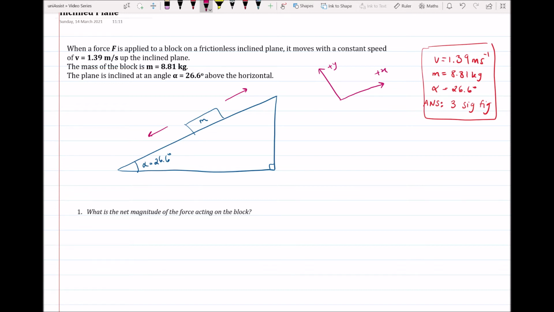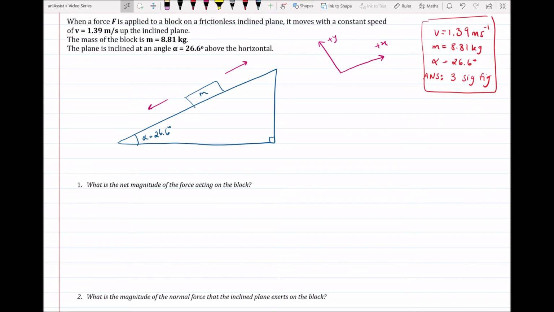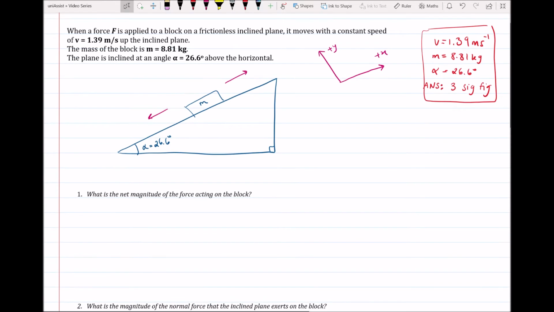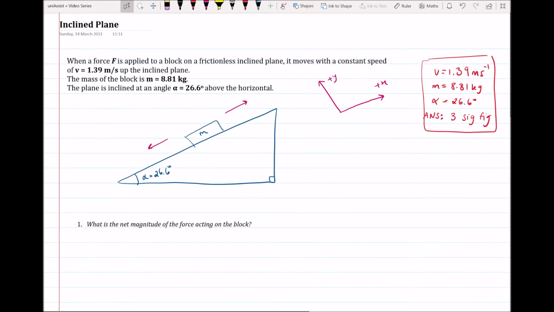So we can have a look at our first question now that we know how our coordinate system is set up. Our first question is, what is the magnitude of the force acting on the block? If we look at the actual problem statement, it says when a force is applied on the block, it moves at a constant speed.